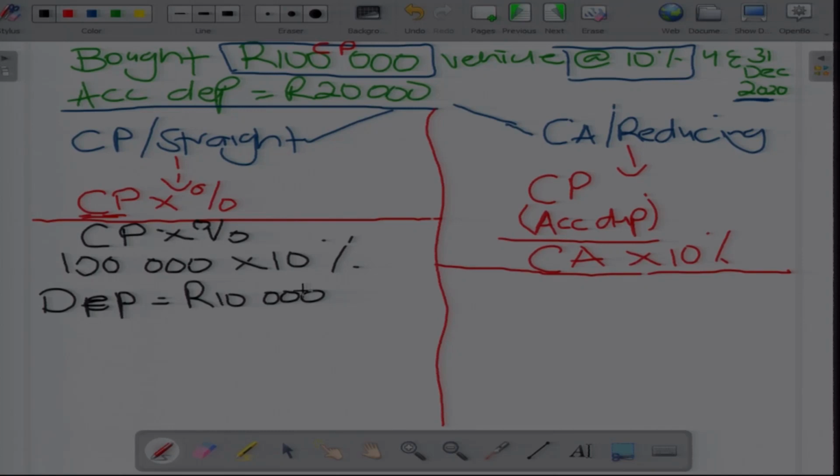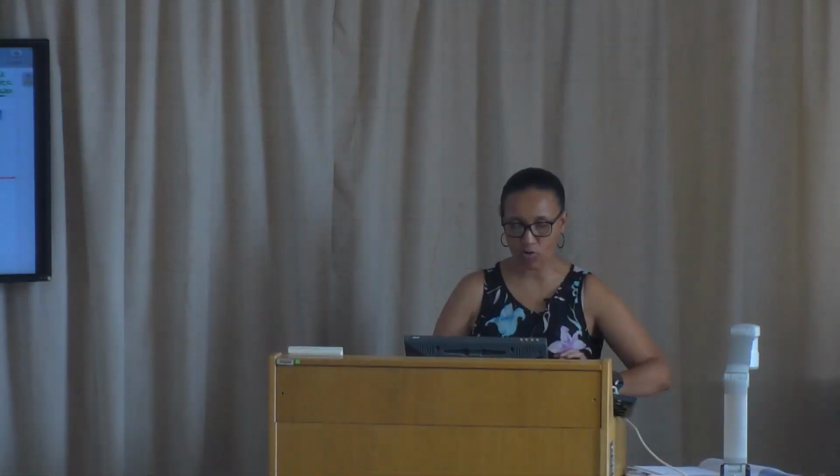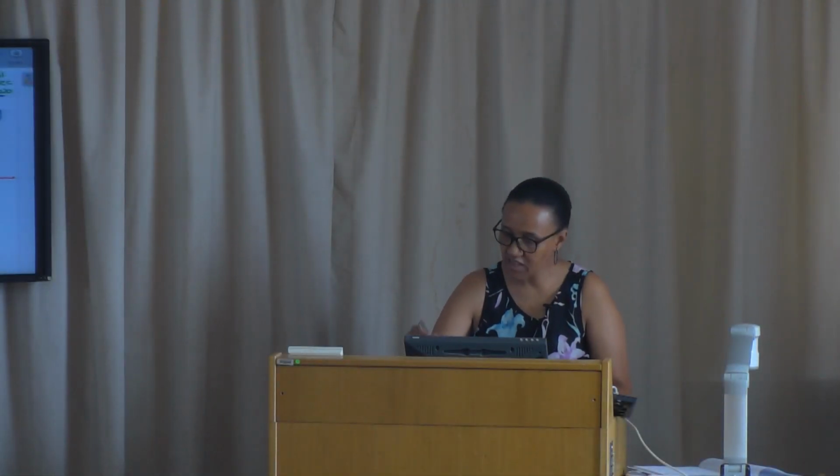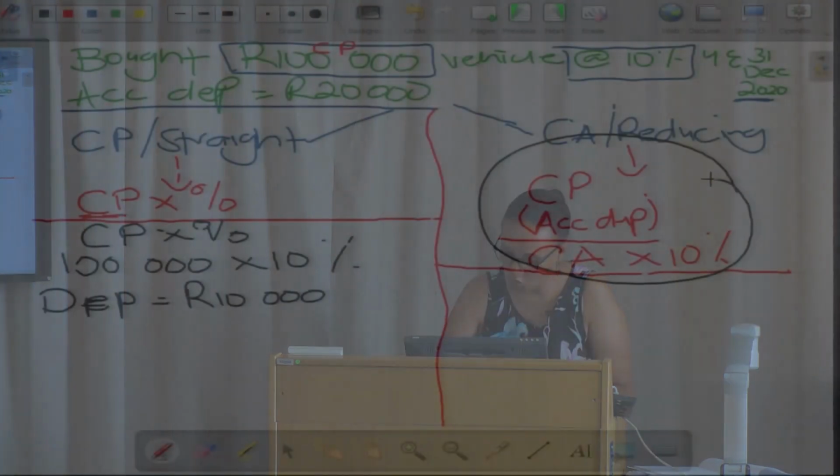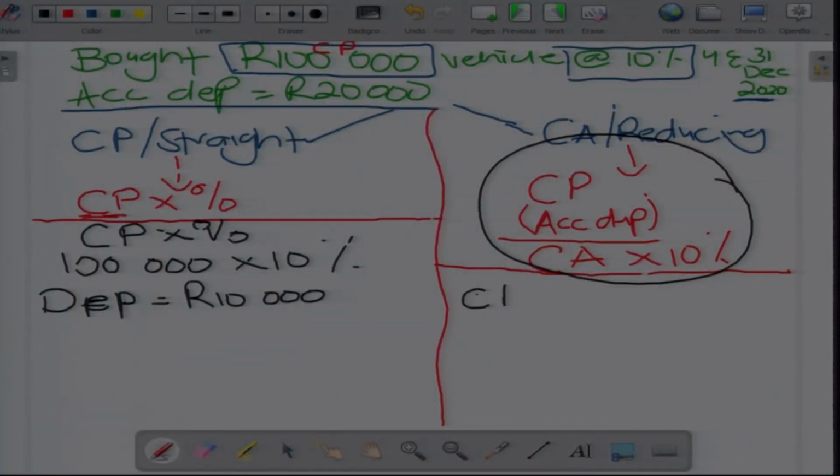Okay. Now, with our carrying amount, how do we calculate depreciation? With carrying amount, you always need to use the formula. So you're going to say cost price minus accumulative depreciation equals to my carrying amount. Then I'm going to multiply it by the percentage. Okay. So what's my cost price? 100,000.